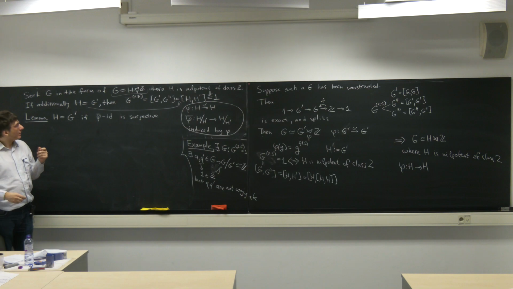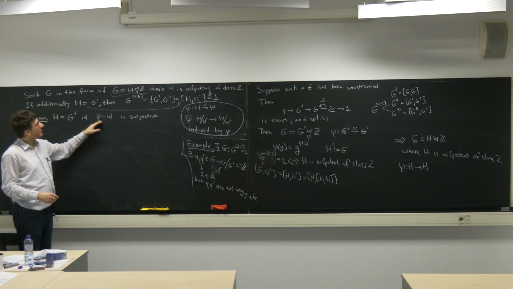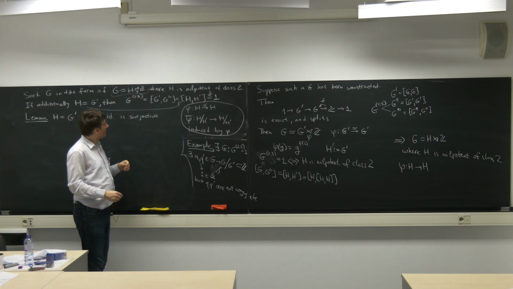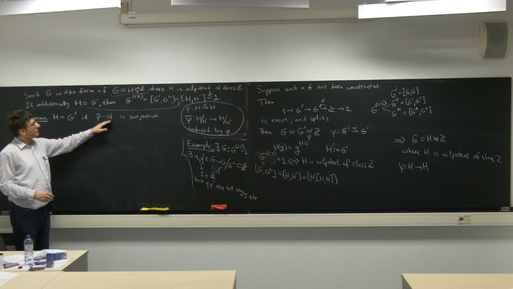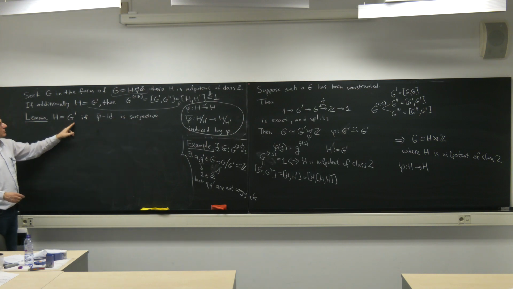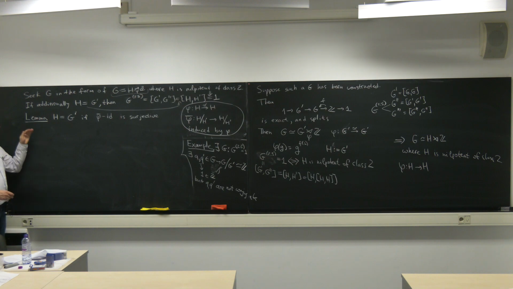Minus, because it is an abelian group, and so we can subtract. We can subtract homomorphisms. So this is a homomorphism. But the lemma says that if it happens to be surjective, then actually H equals G prime. Is everyone okay with this statement?